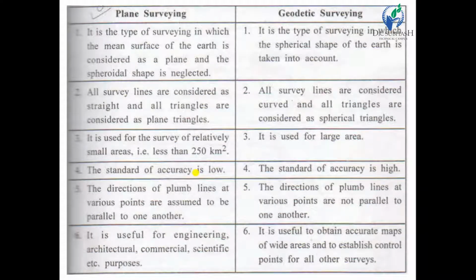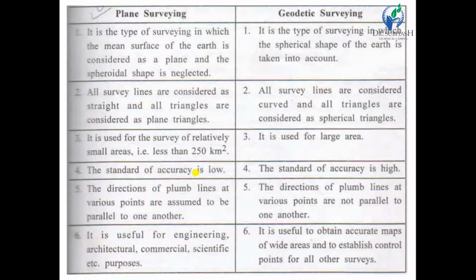Now, the comparison between plane surveying and geodetic surveying. Plane surveying is a type of surveying in which the Earth's reference is considered a plane and the spherical shape is neglected. In geodetic surveying, the spherical shape of the Earth is taken into account.